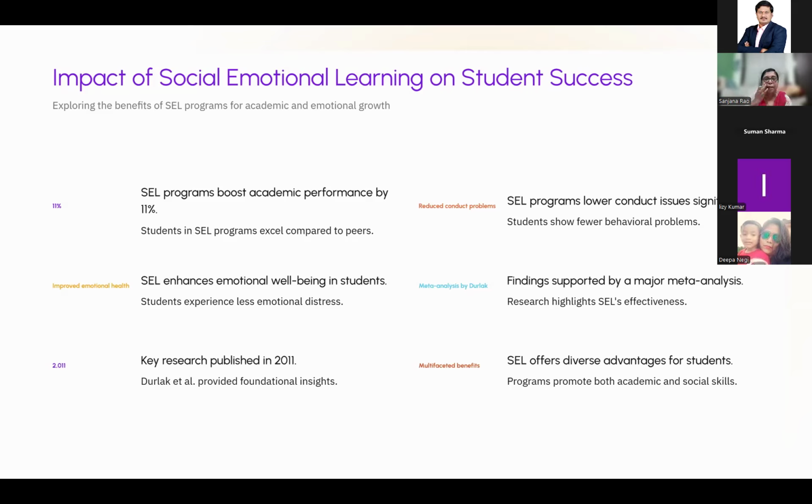By implementing social emotional learning, these are the results: these programs will boost academic performance by 11%. A student who excels compared to other peers will have an 11% improvement.